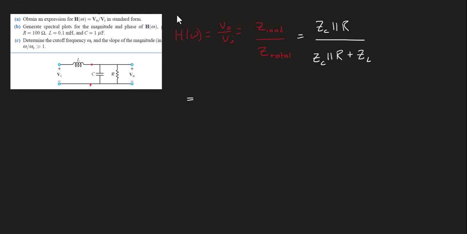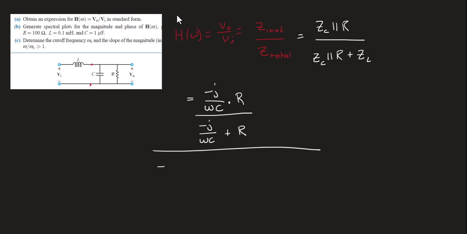So the impedance of the capacitor is minus j over omega C, and it's in parallel with the resistor, so that's product over sum: minus j over omega C times R, over minus j over omega C plus R, plus j omega L, and that's the impedance of the inductor.